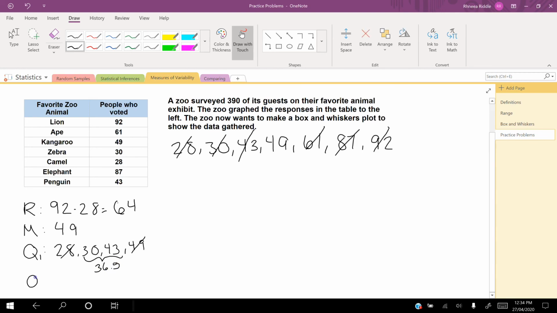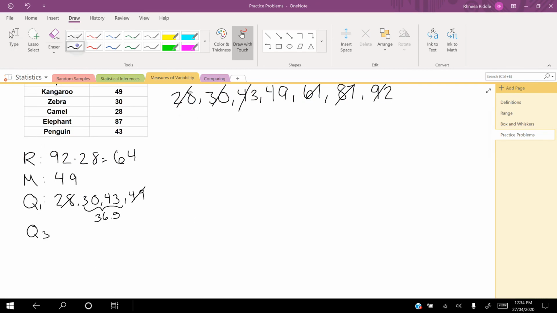Then we find our Q3, or our upper quartile, which is going to be, again, we're including the median because it's an odd number set. So it's 49, 61, 87, and 92, and we can find the middle number between 61 and 87, which is 74.